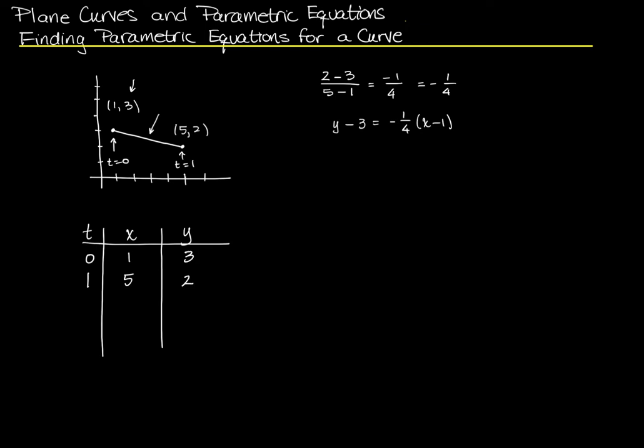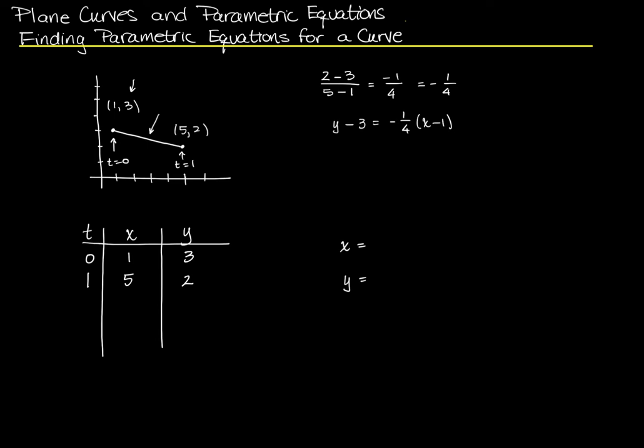Now, ultimately, what I want is an equation that says x equals, and it's going to have some stuff with a t in it. And then I'll have y equals, and I'll have some stuff with a t in it. What I've done in the past is I've started with these two equations, made a chart, and then graphed them. This time I'm working backwards, but what I want is a way to write x that only involves t.